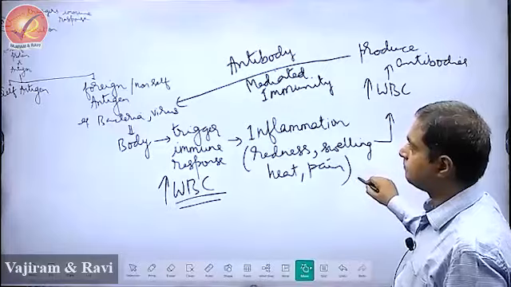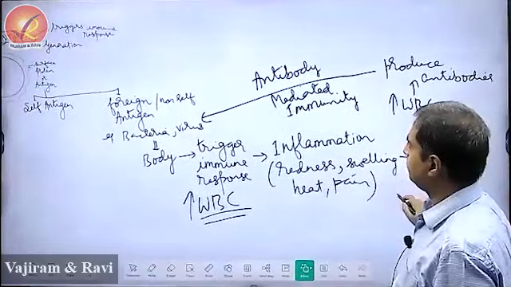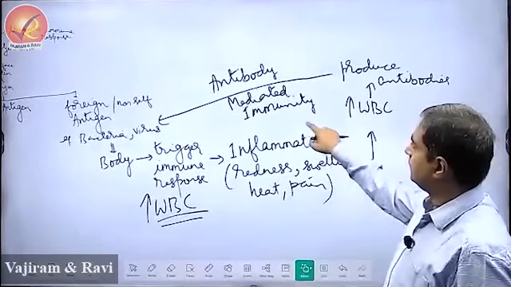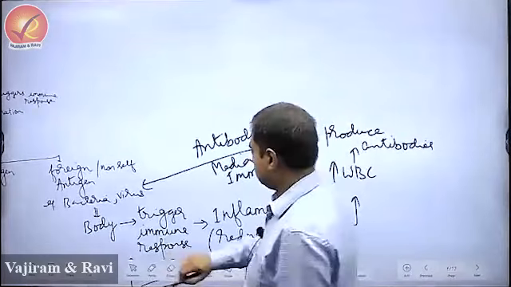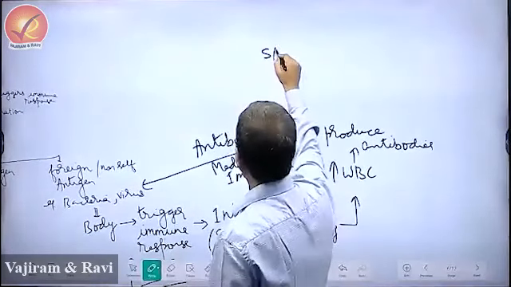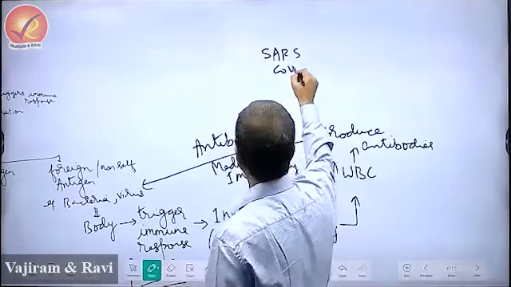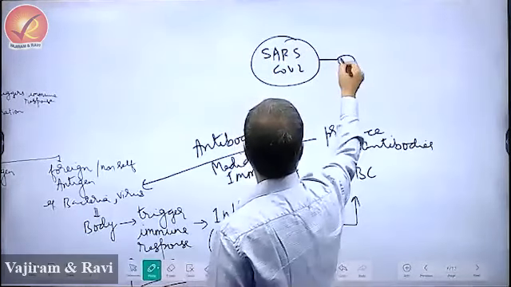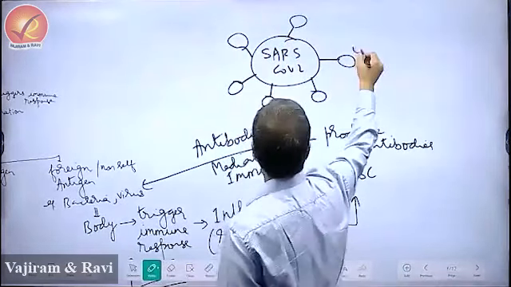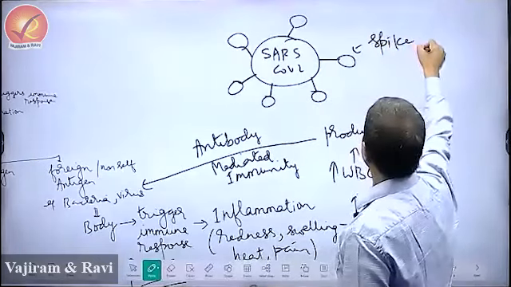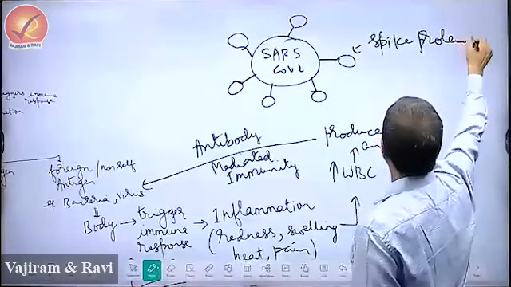So please explain this last part. Antibody mediated. See, this last part we have discussed, if you remember, that suppose there is SARS-CoV-2 virus that enters your body, and this was the spike protein.